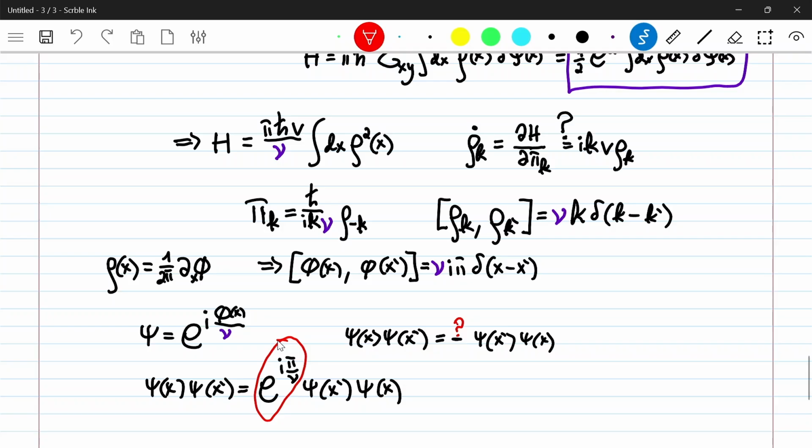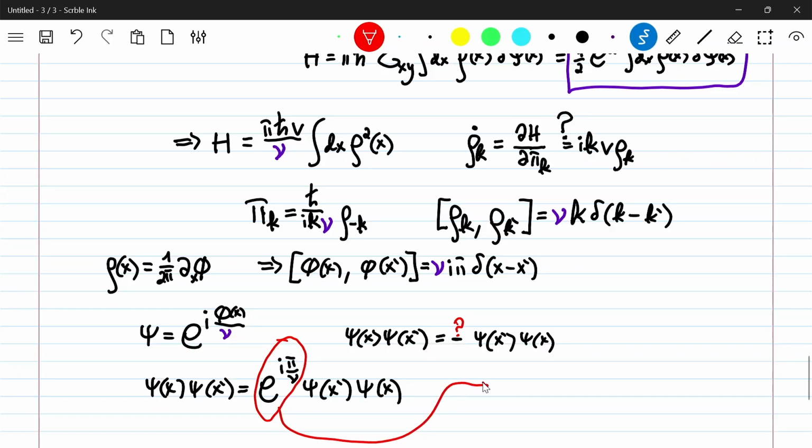What is a minus sign? It's e to the i pi times an odd integer. So for this to be consistent, I must have a very particular value of nu. It must be 1 over an odd integer.